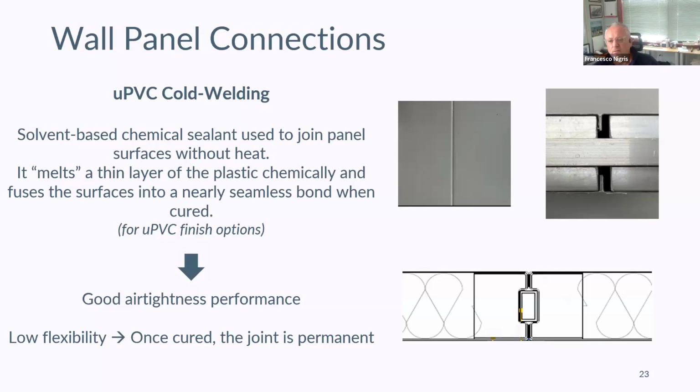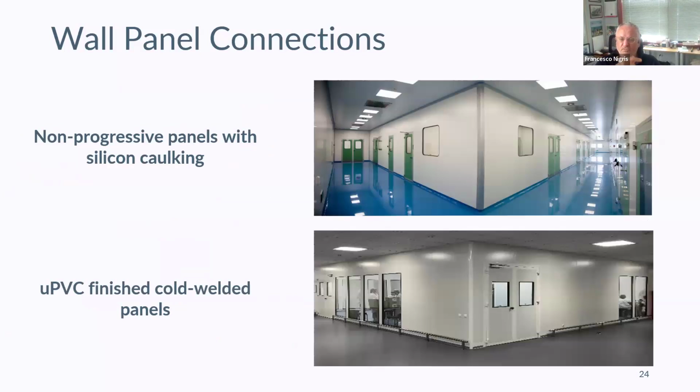Also, different from silicone caulking, you're still going to see a kind of mark at the rim of the panel-to-panel connection, which is concealed much better with silicone caulking. You can see the panel-to-panel connection from far away, while with silicone caulking, if you use the right color of silicone, of course, you're going to see a much smoother surface on the wall.